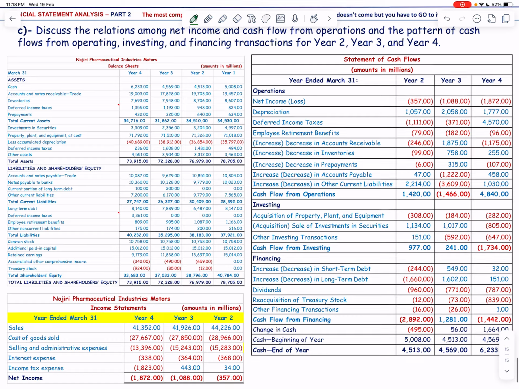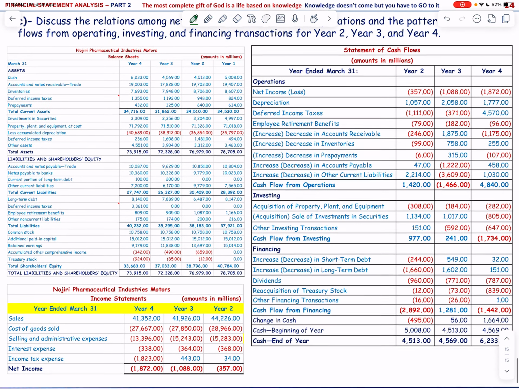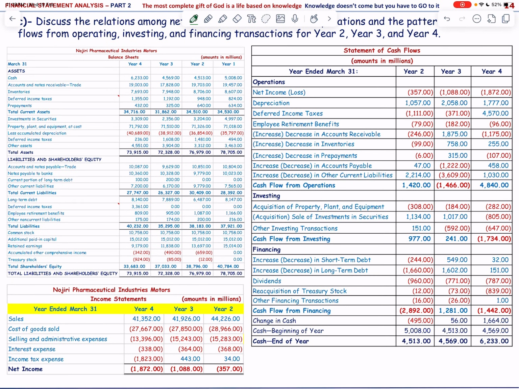Now if you look into year number 4, further you see the net income has further declined. Green is better. It has further declined, with the company reporting a larger loss. However, the good thing is that if you look at the cash flow operations, they have now become positive.